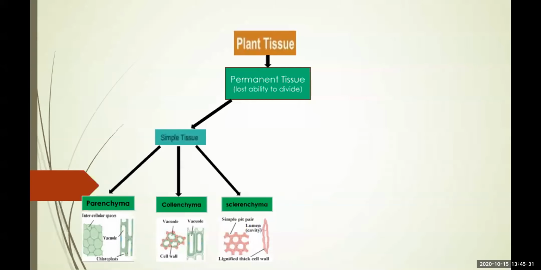Where are these found? These sclerenchyma cells are found in the stem, in the veins of the leaf, in the outer covering of the seed, or in some fruits like coconut.